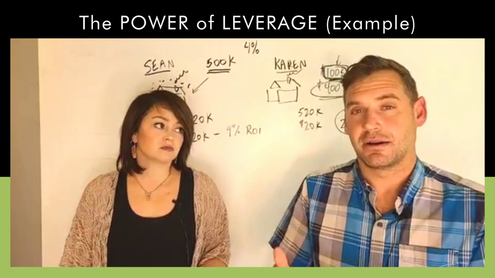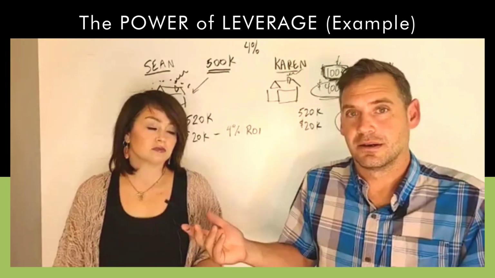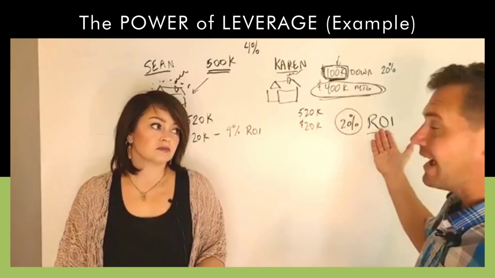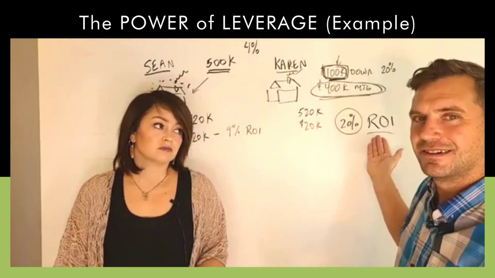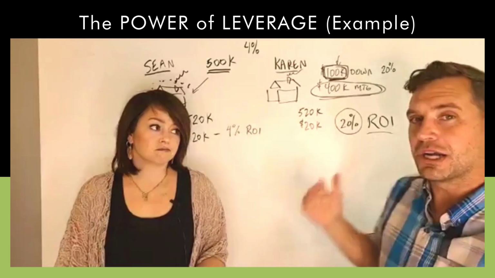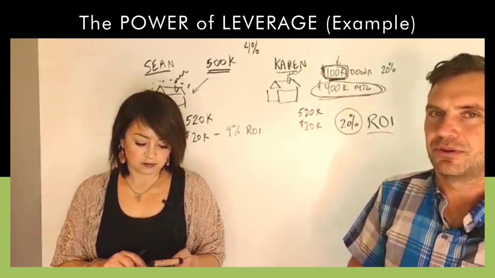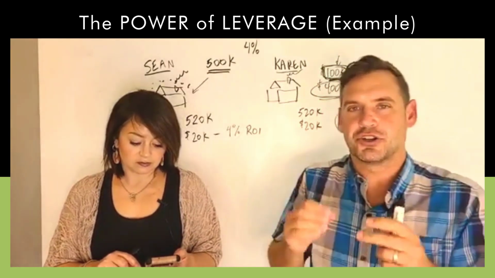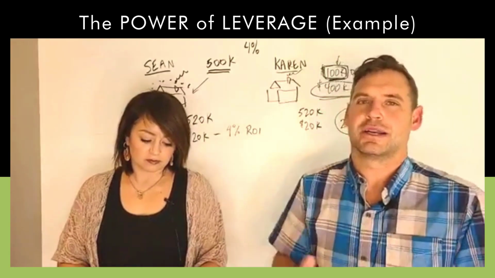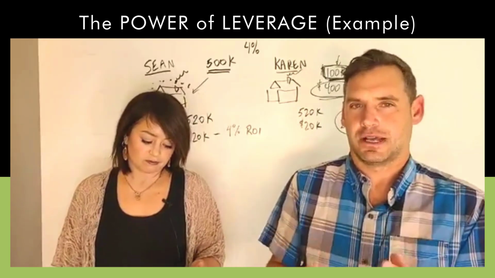What is my ROI? 10%. Is it as good an ROI as real estate? Absolutely not. It's not even close. It's half. So a stock would have to go up 10% just to equal this example. Because you're using all of your own money. You're not using someone else's money. You're not using the power of leverage.